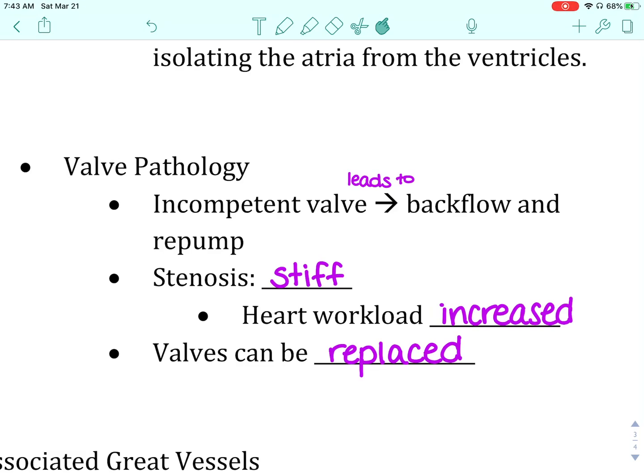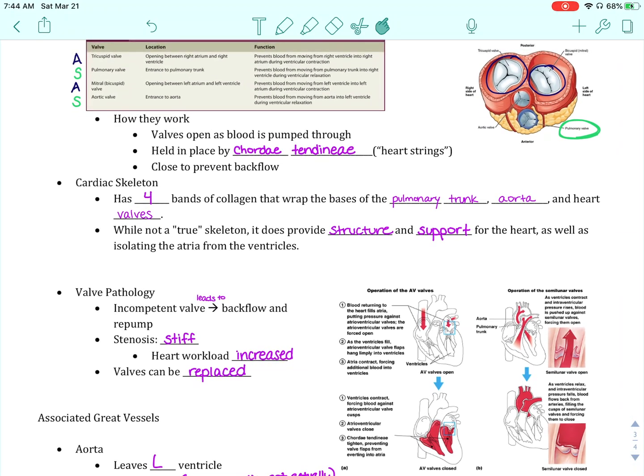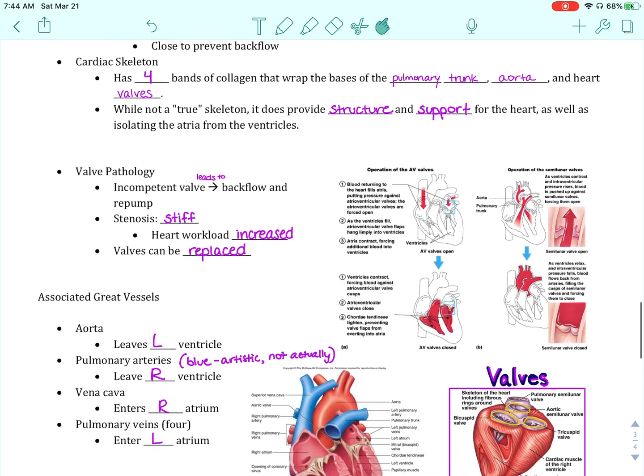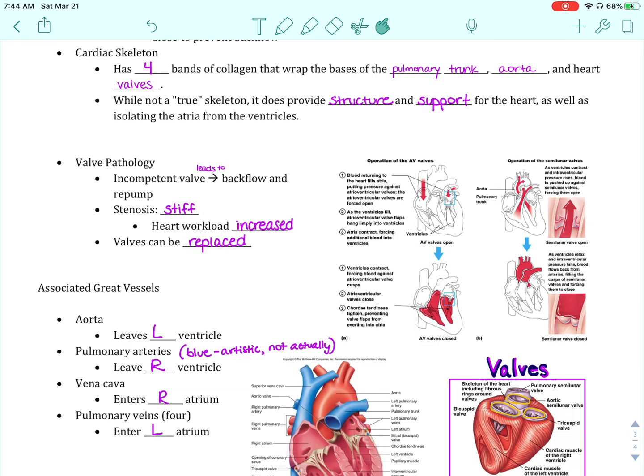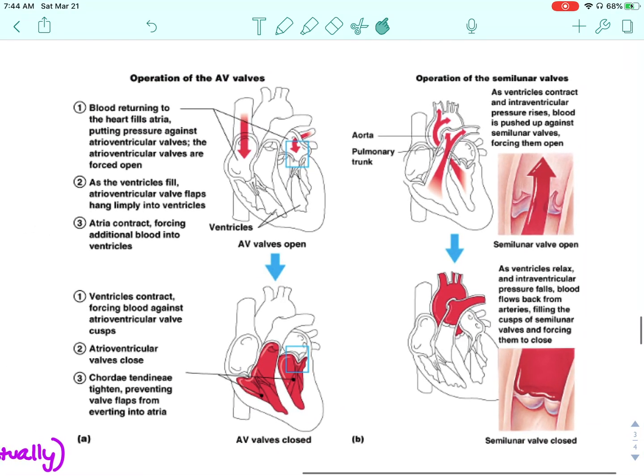Stenosis is considered stiffness, and your heart workload is going to be increased. Your valves can be replaced. Maybe it's just a rhythm problem. You can get a pacemaker.